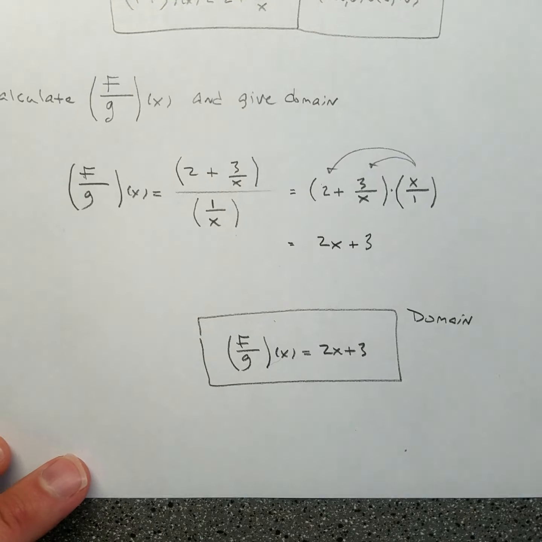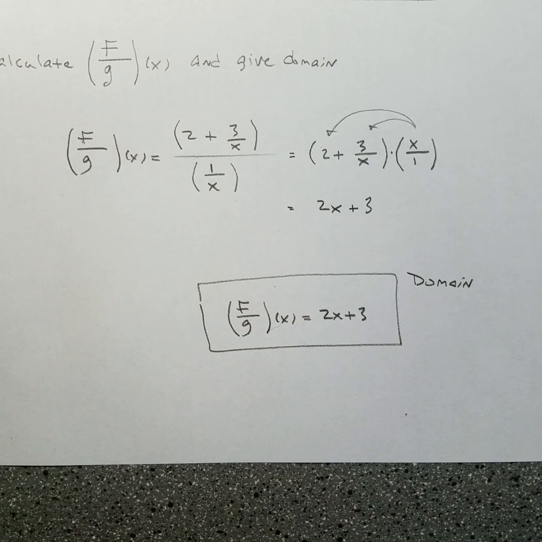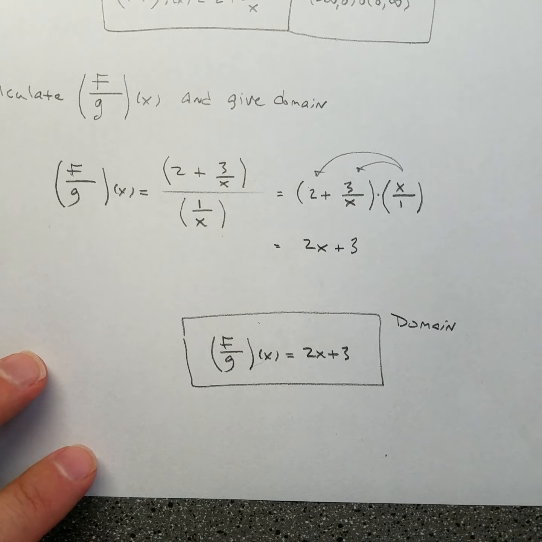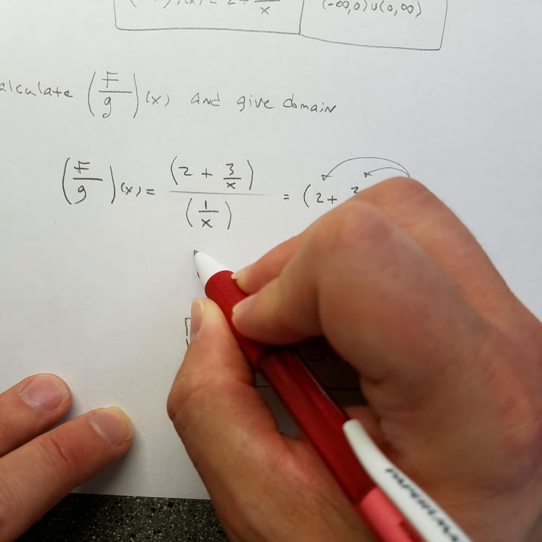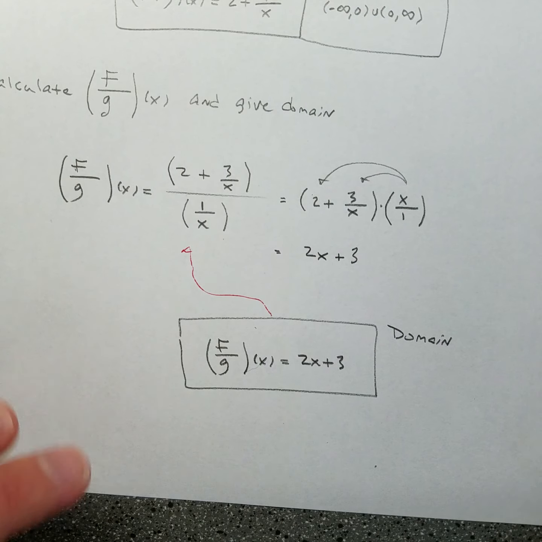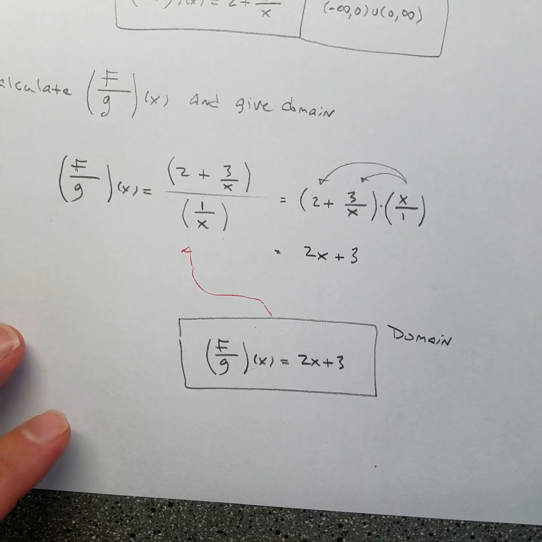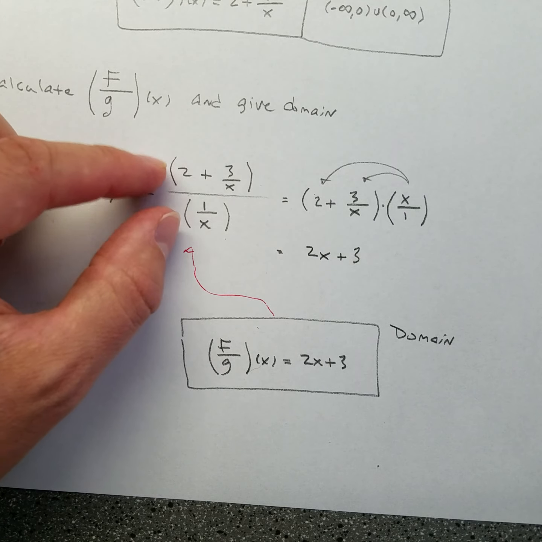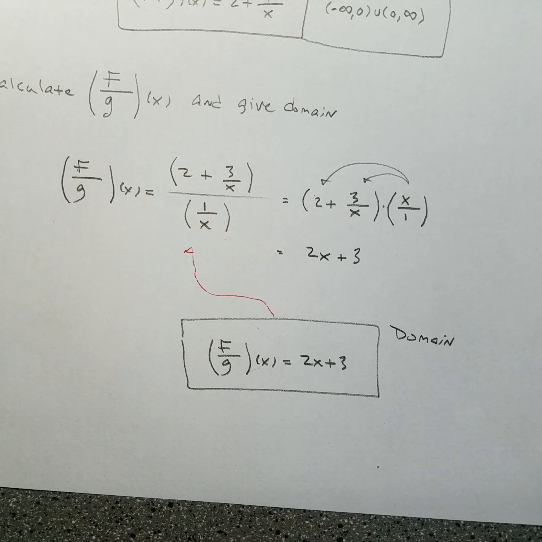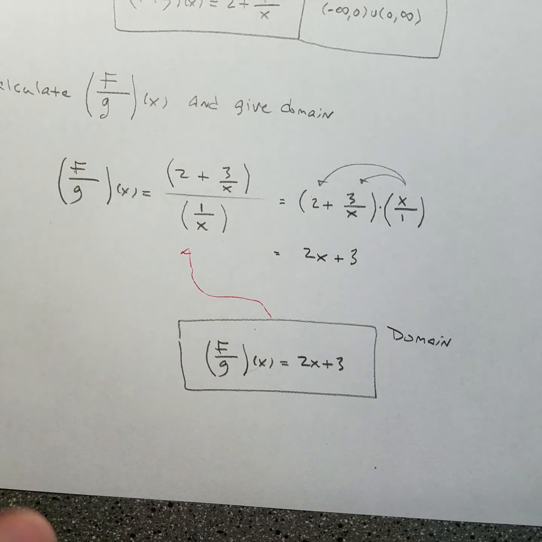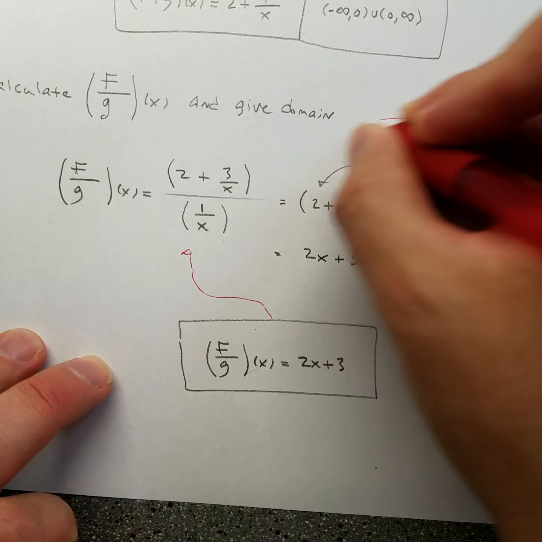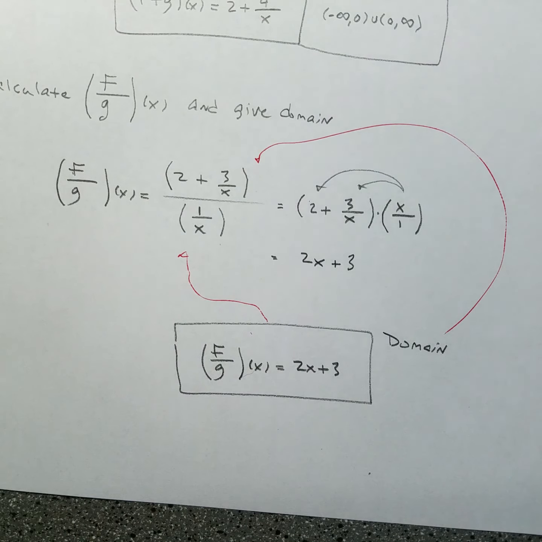And here I'm saying 2x plus 3 is the final answer, and that would be correct. But where did this come from? Like, it came from somewhere. It came from that, right? I just reduced it and simplified it, but it's really just a simplified form. So when I find the domain of this function, I need to look at, well, what was it really when I started? And look at that.